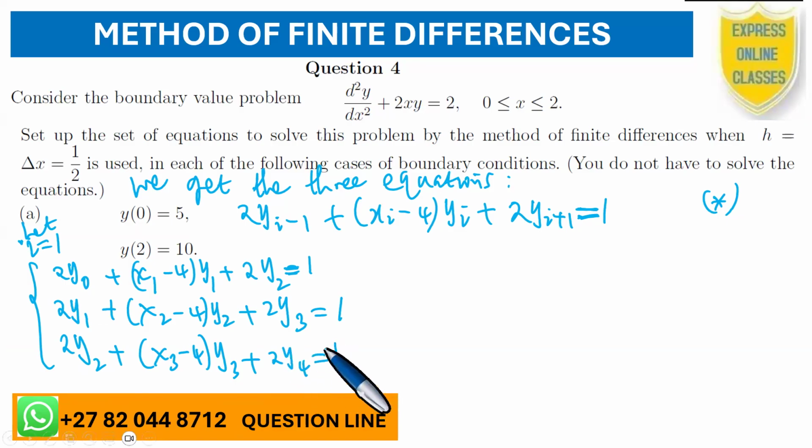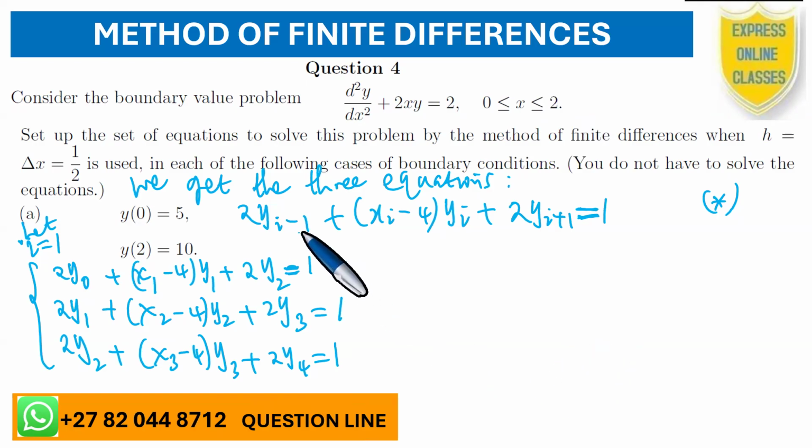Equals 1. Like this. So now we get 3 equations, and these are the 3 equations. And then we stop here because now we have y0 up to y4, and y4 is our last one.